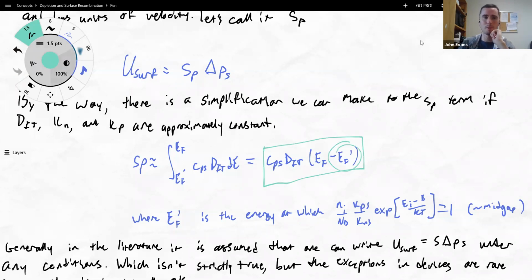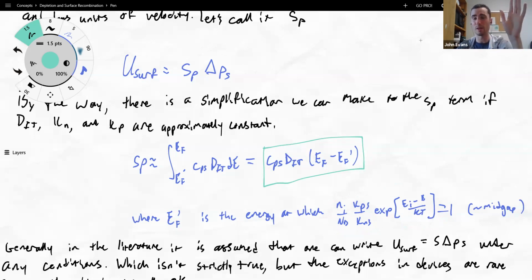There's this EF prime, so the Fermi level prime, which is the energy at which this whole thing is equal to 1, which is approximately the mid gap. It's not super important, but I wanted to make sure I said this. Essentially, what it's saying is that if you evaluate this at the mid gap, where everything is kind of constant and the same and works out really pretty, you can evaluate this recombination velocity pretty easily.